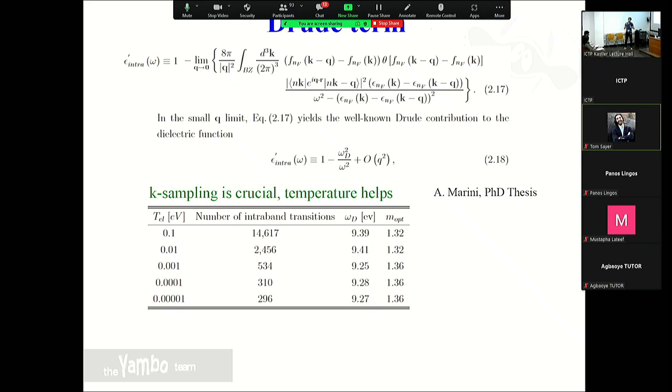You can try to use some tetrahedron method to integrate this integral in k-space. The Fermi surface of a simple metal is a surface, but if you increase the complexity of the material, the Fermi surface can be super complicated, like a painting. One trick you can use, which was also explored here, is to smear the occupation with some temperature, so you somehow broaden the Fermi surface.